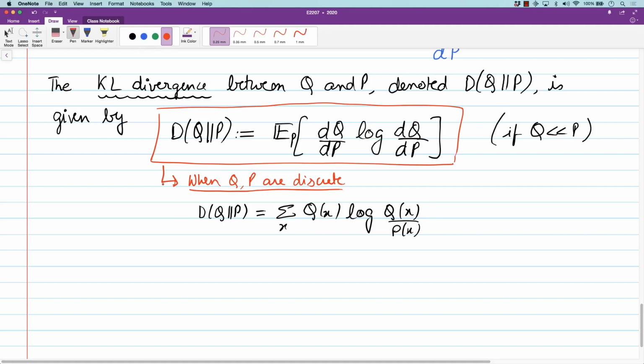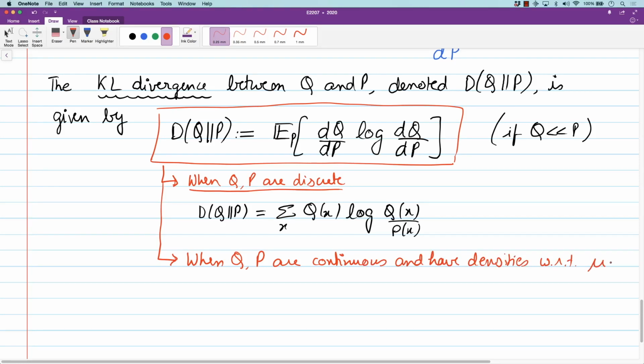Another interesting case is when Q and P are continuous and have densities with respect to the Lebesgue measure, mu.